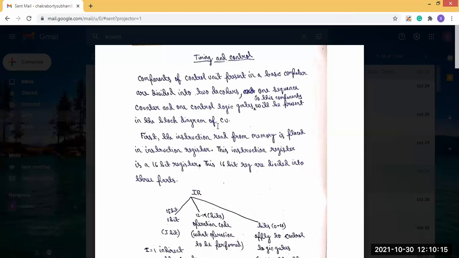After that, the instruction register will decode that instruction, and after decoding it will know what operation we have to perform, and it will check the operands.